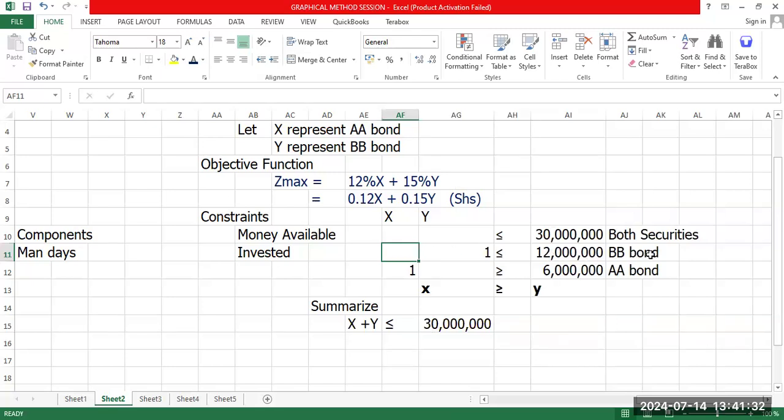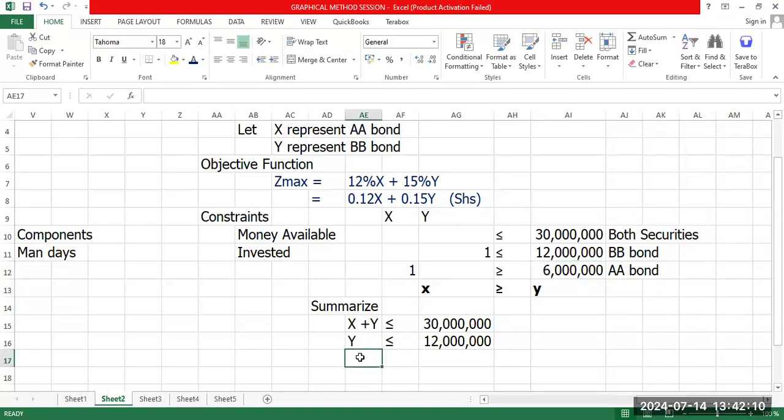This one is for only one item or one variable, you cannot combine. We expect you to only have a variable corresponding to this inequality, which is y. So I say y is less or equal to 12 million. Then this inequality is only corresponding to a bond, so you cannot combine with y.